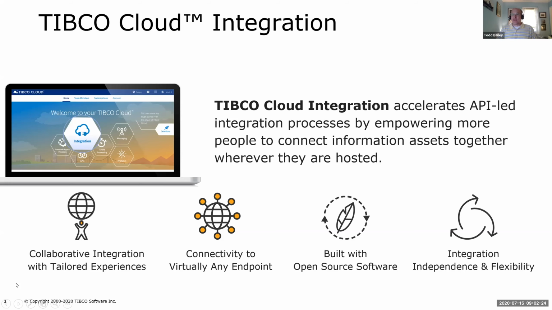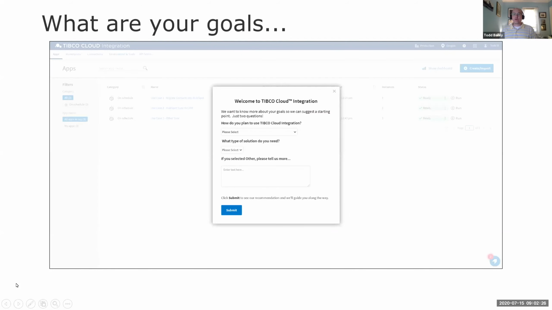Before I get into the actual demo, I wanted to talk about the trial process. When you sign up for a trial, we ask you a couple of questions in order to guide you through the experience. Part of the questions are, what do you plan to do with TIBCO Cloud Integration? We're going to focus in on connecting SaaS applications and migrating data and how you can use the tool to do that.